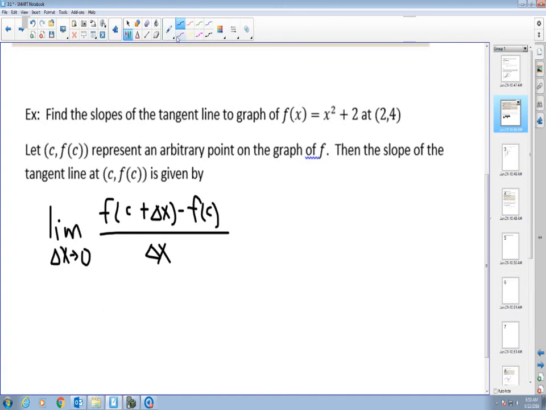So here I will substitute c plus delta of x for x. Wherever I see x in my function, I will put c plus delta of x.